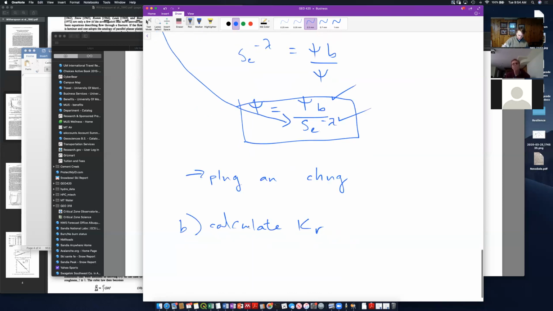All right, so let's find the equation for relative conductivity.